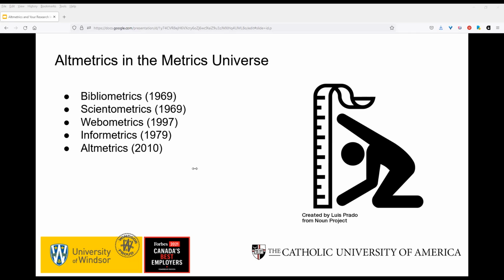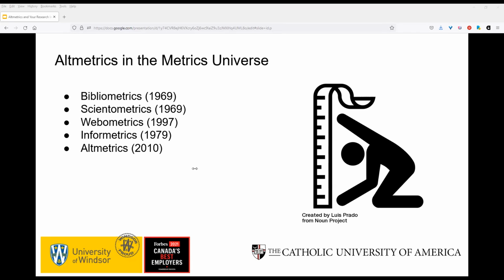It was coined in 1979 by a person by the name of O. Nacke. It has gradually encompassed the above metrics, including altmetrics. So it started off with bibliometrics and scientometrics, but it's expanded out since 1979 to include webometrics and altmetrics.